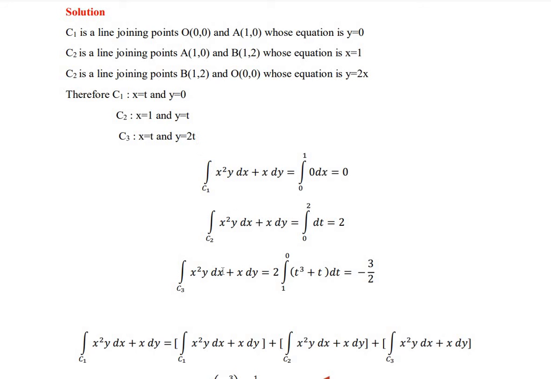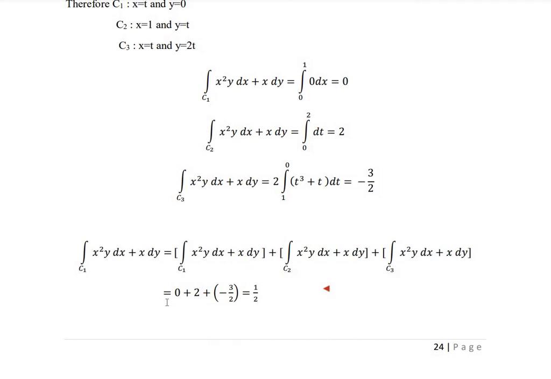We can substitute that in this equation, and when we evaluate, you will get -3/2. So therefore integral over c of x squared y dx plus x dy is equal to, you take the sum of these integrals, so you will get the answer as 1/2.